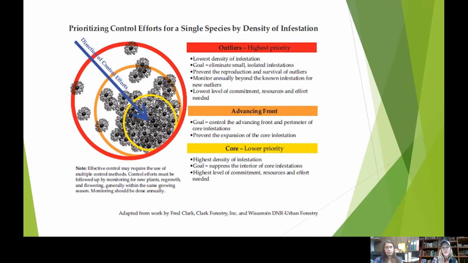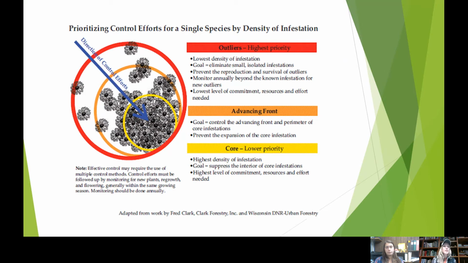Prioritizing where to start with invasive control is another big thing to mentally tackle when you're looking at managing invasives. If you have a stand of buckthorn on your property, it can be really tempting to just look at the epicenter of it, the real big thicket of it, and want to tackle it where it's worst, right? Because you're thinking, well, that's the epicenter, that's the nest, that's where it's spreading out from. In fact, it's actually more effective for your landscape, that ecosystem, if you start away from that core zone.